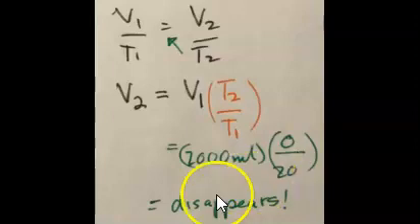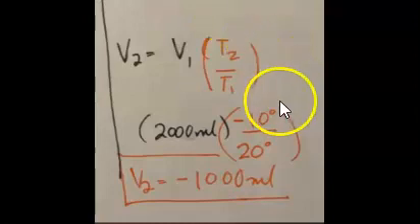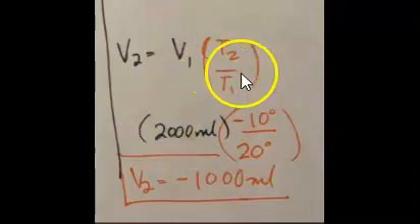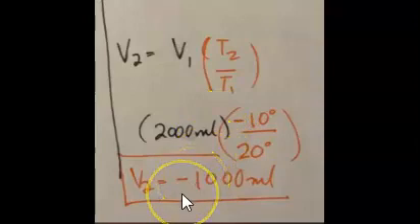Maybe it'll disappear. We get even more interesting results if we try the calculations with negative 10 degrees, because freezers do get down to negative 10 degrees. If we use our calculations and we substitute and we did everything correctly, it turns out that the new volume of the balloon would actually be negative 1,000 milliliters.